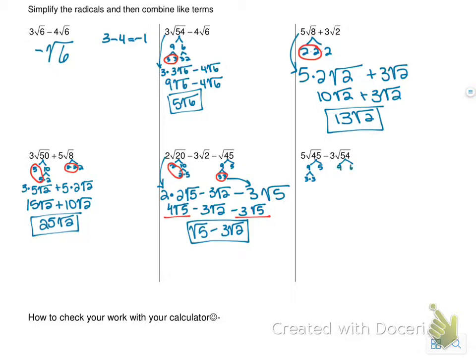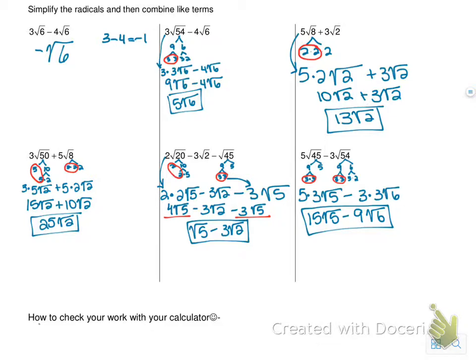Break it down. And then combine like terms. Okay, and then in this particular case, the square root of 5 and the square root of 6 are not like terms, so there's nothing else I can do at that point.